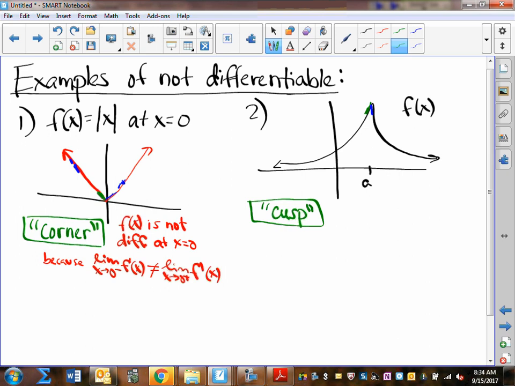All right, so again, same reasoning: the limits of the derivative, or the slope on either side, are not equal. So f prime of x, and let me try again. F of x, my function, is not differentiable at x equal to a.